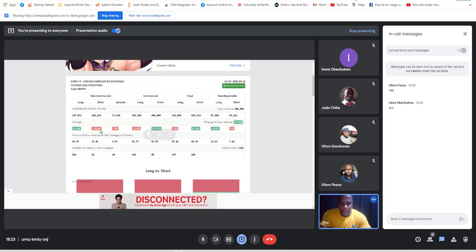Now, check here where it says minus 12,289. What is this one telling us? It means that this position that we currently have now, which is 198,000, is actually less than what we had last week. Means that short positions were closed, and the amount closed compared to last week is 12,289.